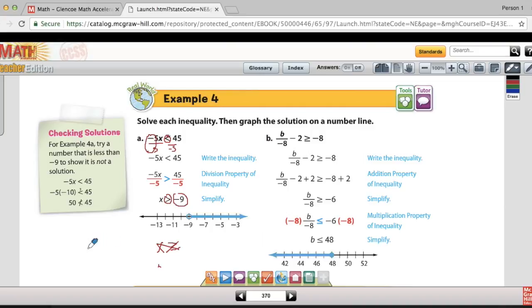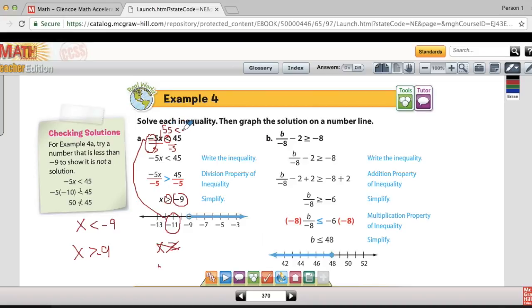And again, that's not a rule to make it super confusing. It's because, let's just say we didn't flip the sign. We just left it x is less than negative 9. What's less than negative 9? Well, negative 11 is less than negative 9. And if we put negative 11 in for our x value here, negative 5 times negative 11 is a positive 55.